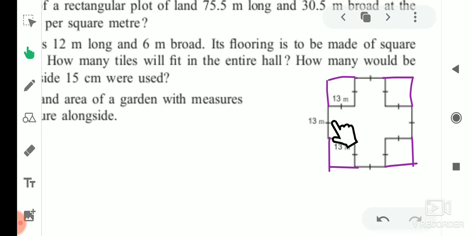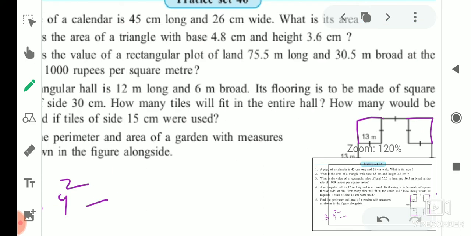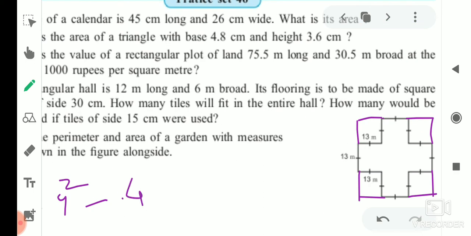So the area of this garden will be equal to the area of the whole square minus 4 into area of one square, that is area of the whole square, that is 39 square, minus 4 into, because these are the 4 squares we have to subtract from it, 4 into area of this one square, that is 13 square.